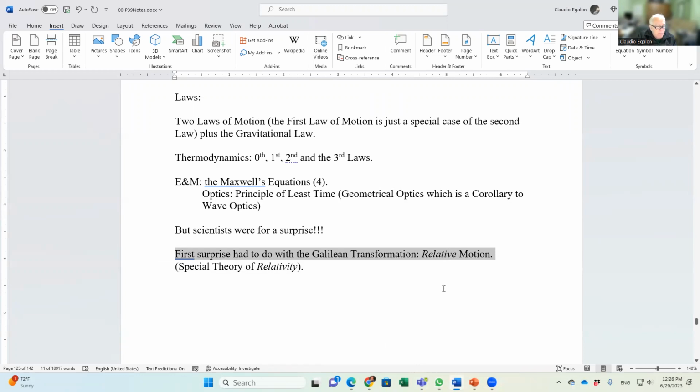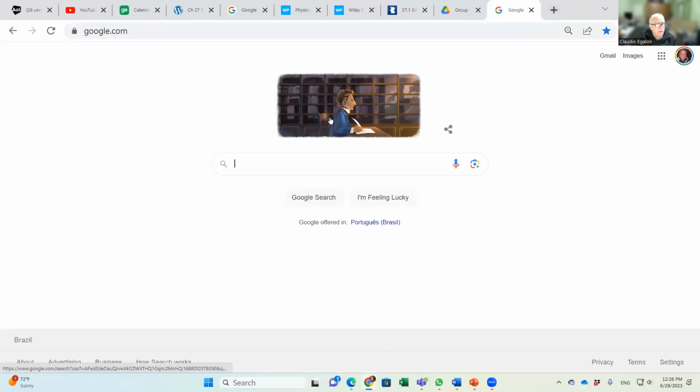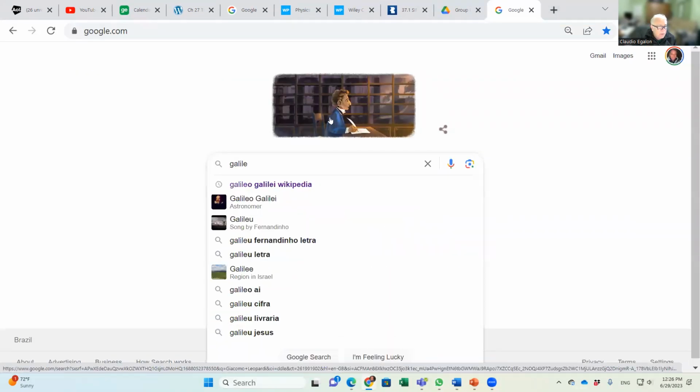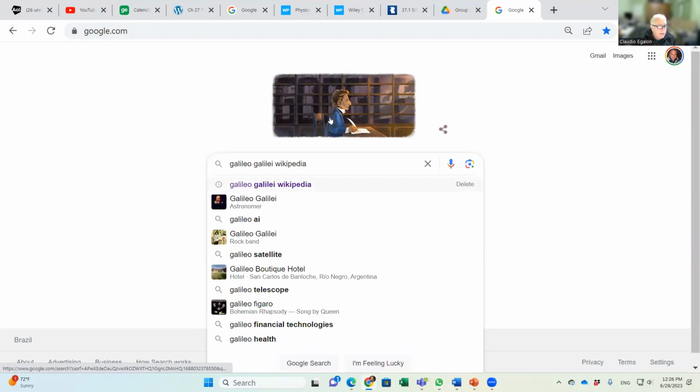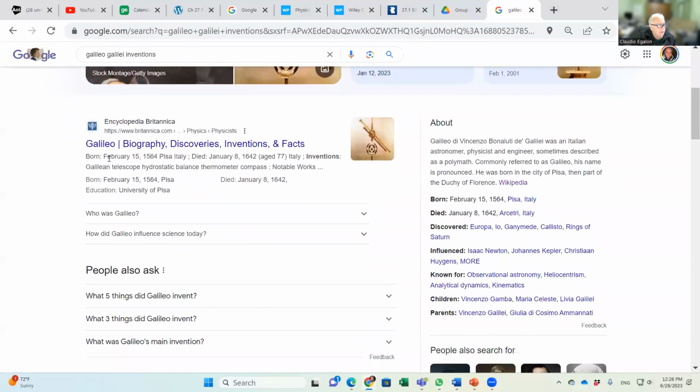Think about that, from the time of Galileo to the time of Einstein, around the late 1800s and early 1900s. And what about Galileo? Galileo Galilei, born in 1564 and died in 1642. So it was in the 1500s and the 1600s.